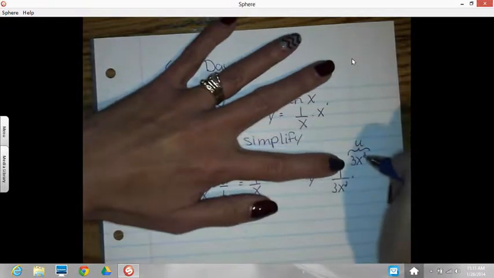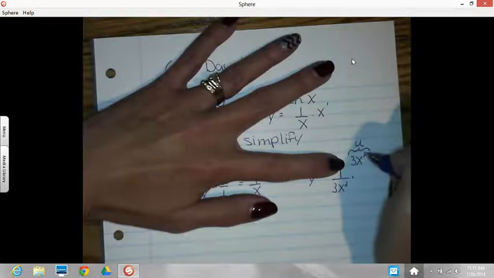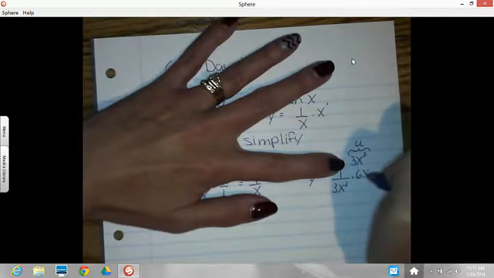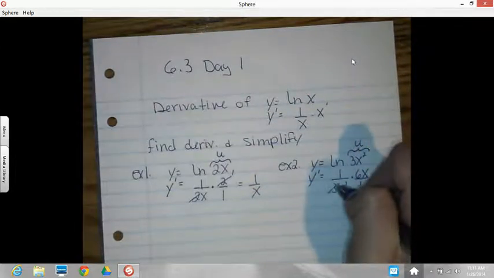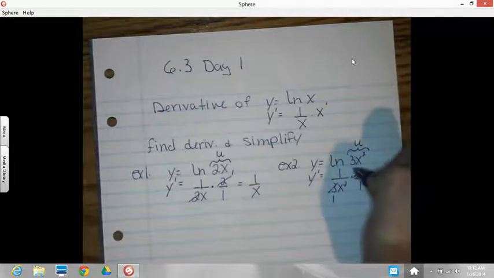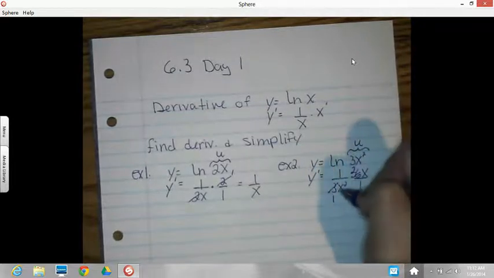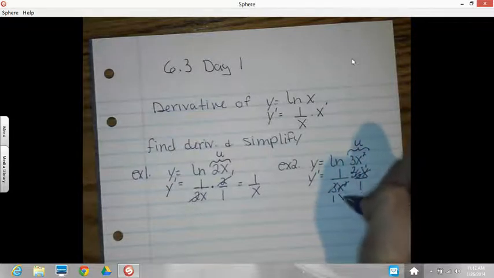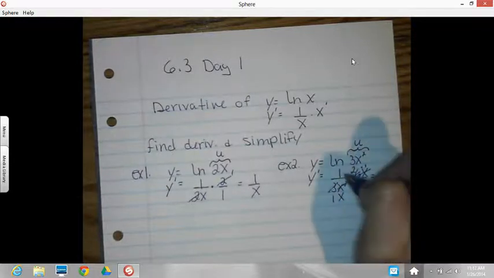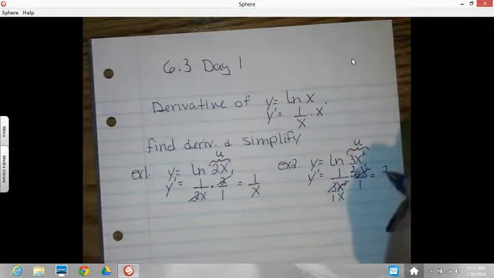The derivative here would be derivative rule. Multiply down, reduce by 1. So it would be 6x to the first. Now simplifying, 3 goes into itself once, into 6 twice, and I can cancel out 1x. So this one's completely gone. This one comes down to just x. So what we have left, if I multiply numerators, I've got 2 over x.